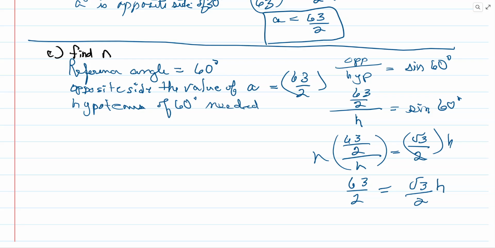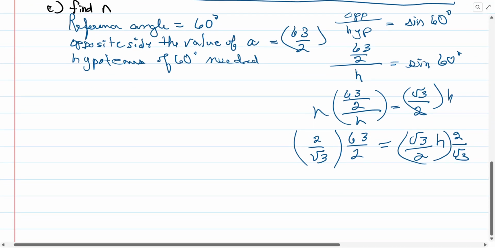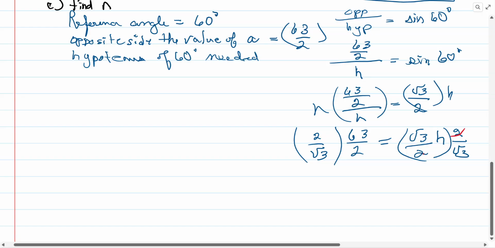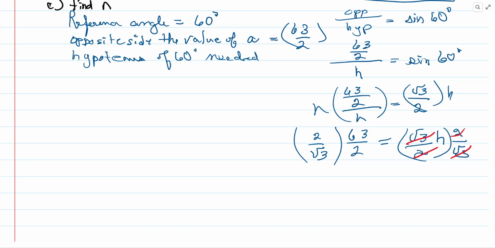In order to get rid of it, we're going to divide, but it's a fraction, so I'm going to multiply by the reciprocal. Those will cancel out, and I'm left with h, and I'm going to do it to this side. What happens here is this cancels this and this cancels that, so I'm left with h. That's exactly what I want. Now we're going to do this guy.